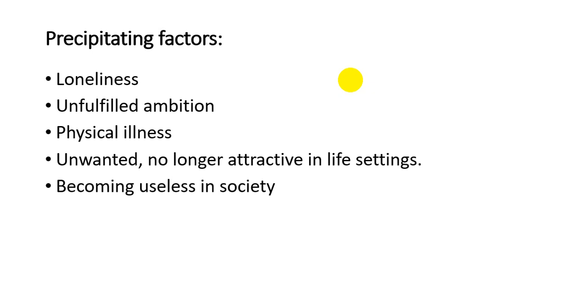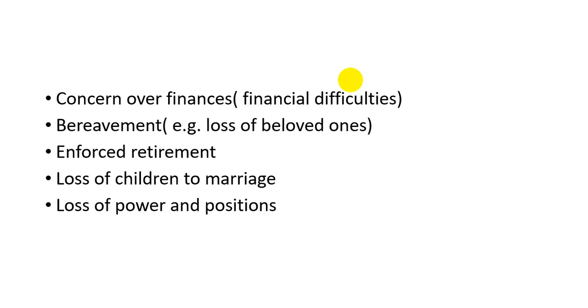Remember, in later life, they become lonely. They feel that they have not fulfilled their ambitions. They suffer from physical illness for a long time, a chronic one, and they think that now they are useless to the community or society, and no longer attractive to the life settings.